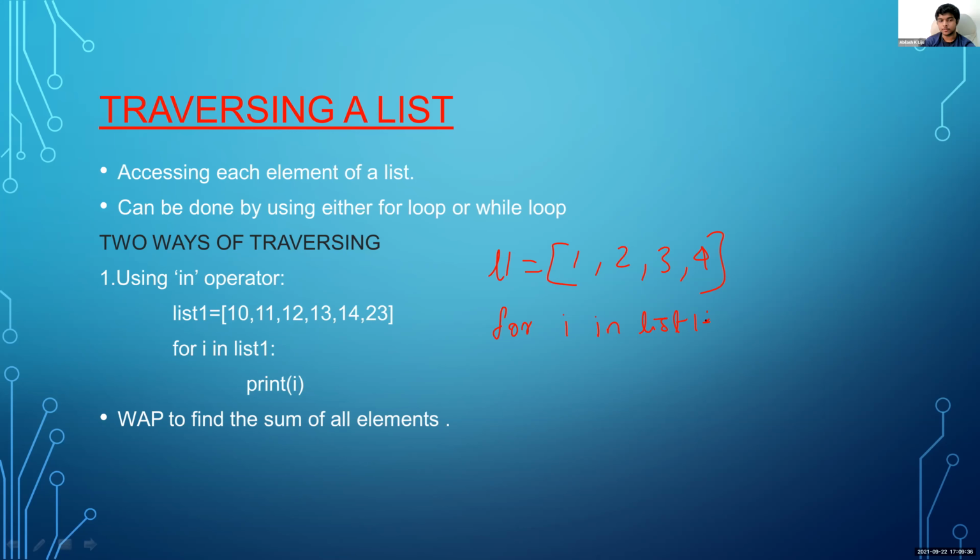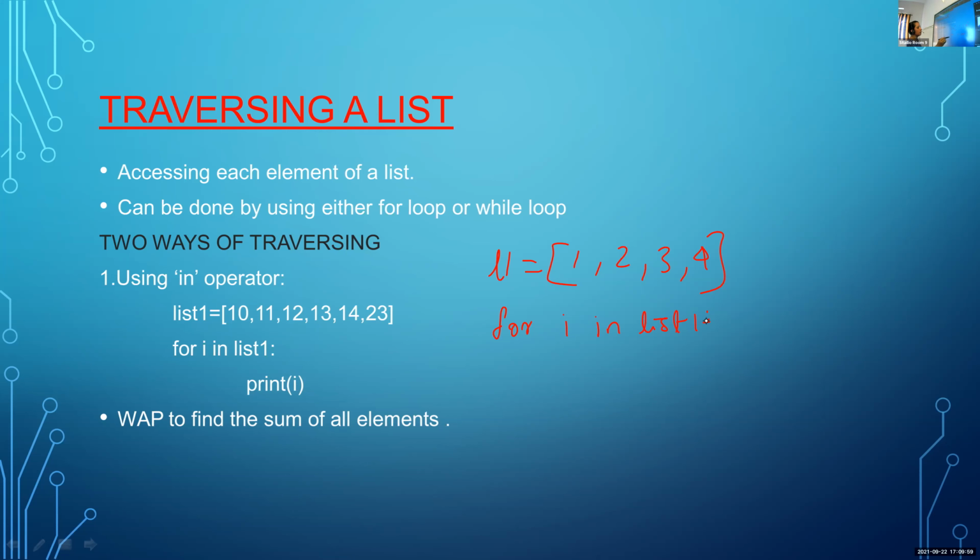Oh, is it Kevin? Okay. Good, Kevin. It is for I in list1. Okay. Continue, Kevin. How can we find the sum? Just try.